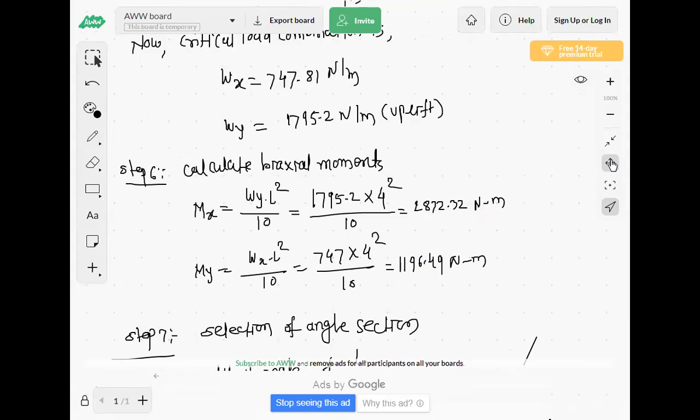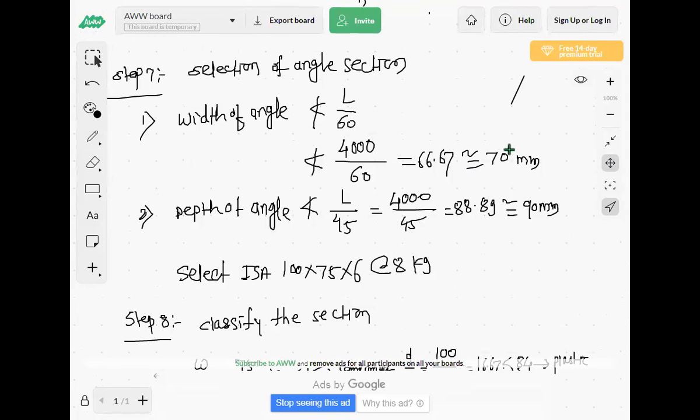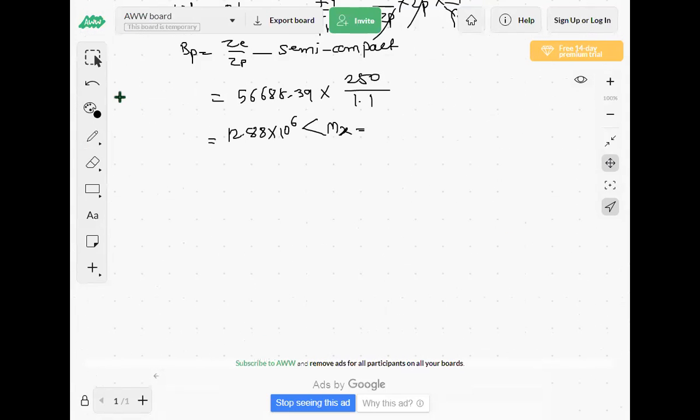2.87 into 10 raised to 6 Newton meter, or mm. So convert this answer into Newton. This is mm cube. This is Newton per mm square. So this is Newton mm, and this is Newton meter.